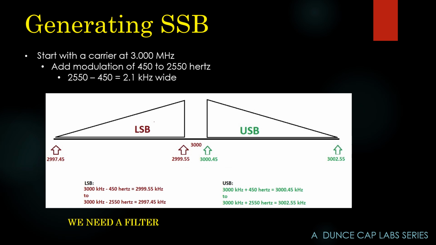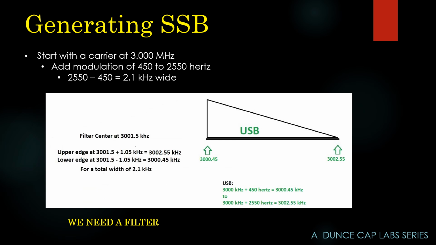If I had a filter, I could pick which sideband I wanted to transmit. The filter I want, and the math is a little funny here, must be centered at 3.15 kilohertz, right here in the middle.